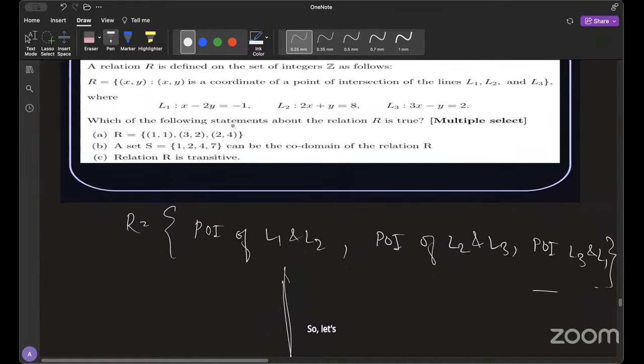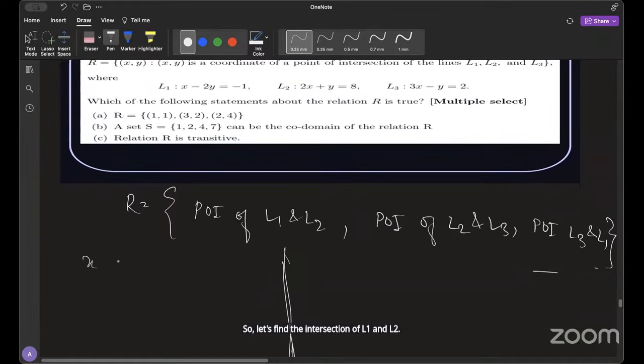So let's find the intersection of L1 and L2. Let's have x equals 2y minus 1 from L1. For L2, let's solve it for y only, because x looks a little fractional.